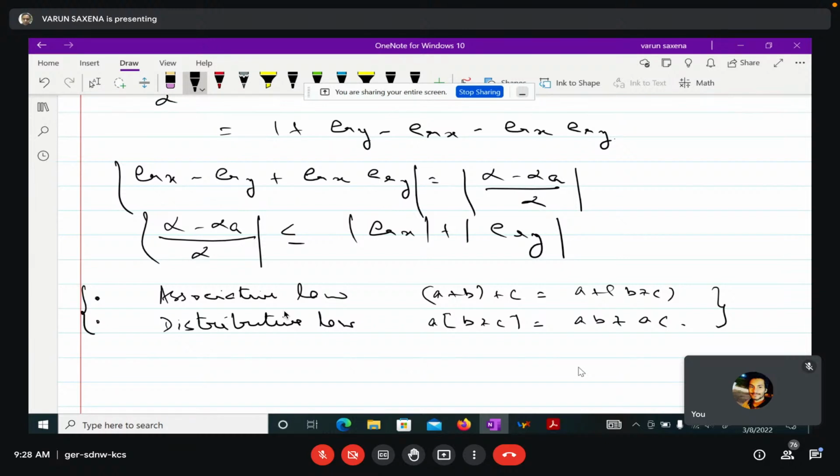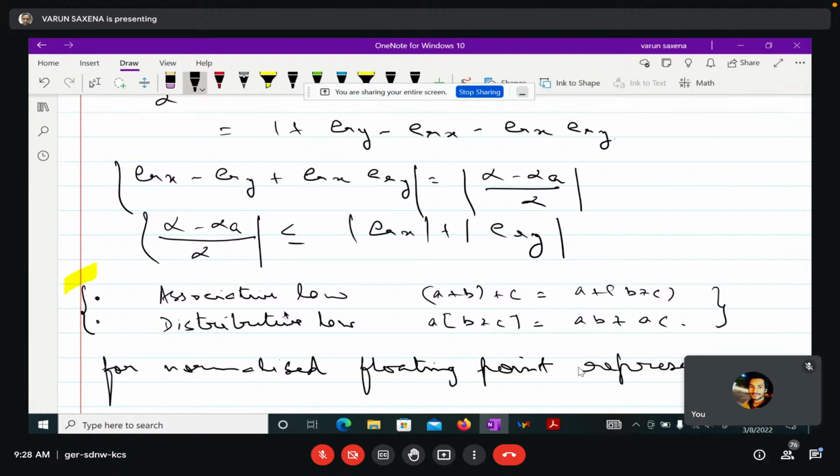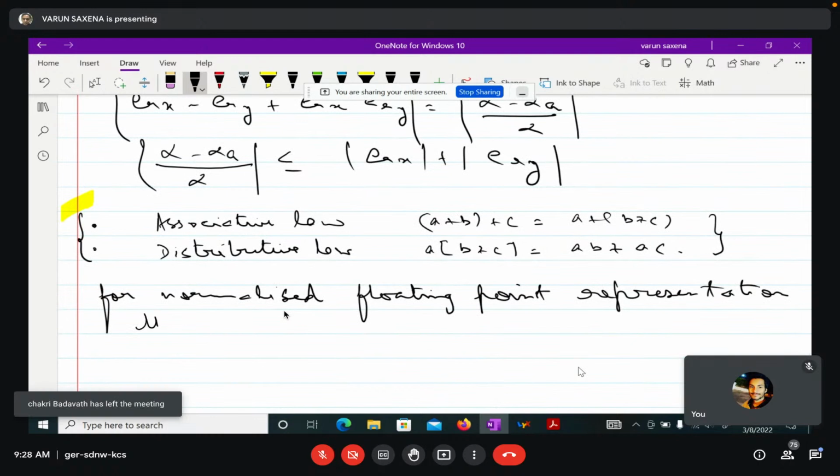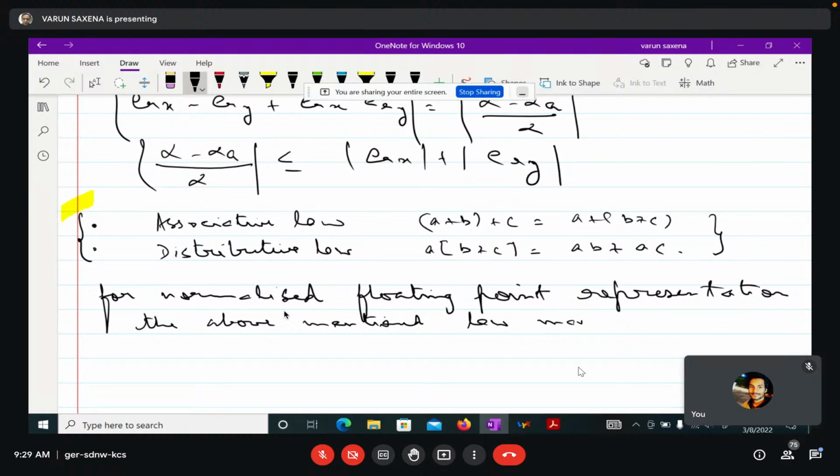What I want to say is that for normalized floating point representation, mark it like this, the above mentioned laws may not hold.